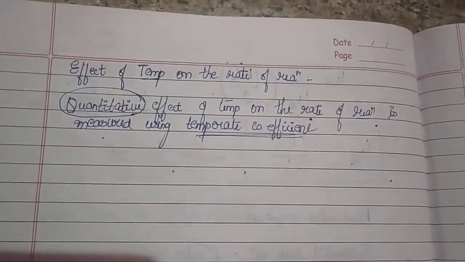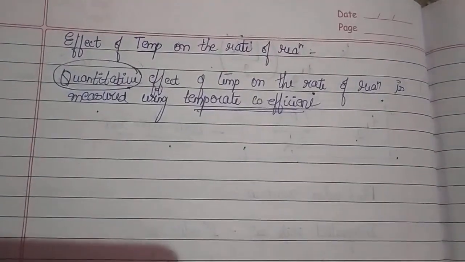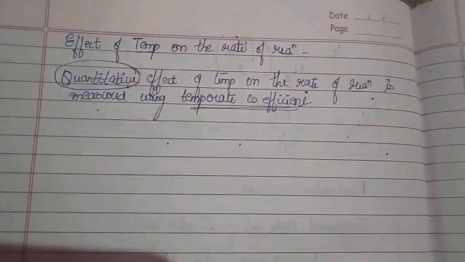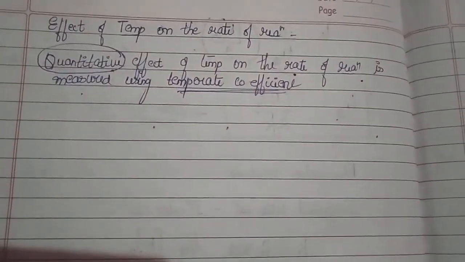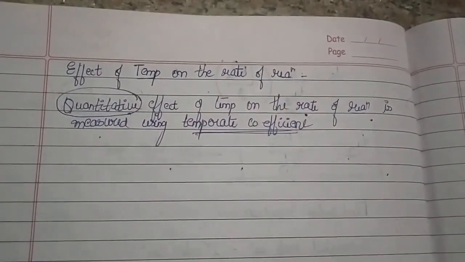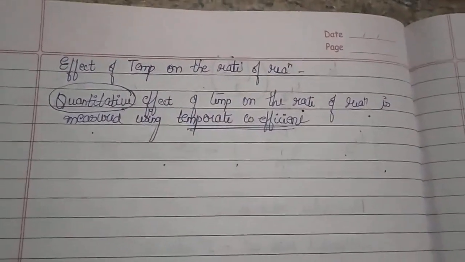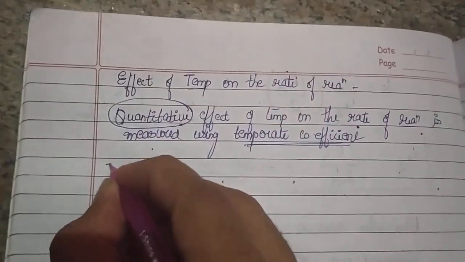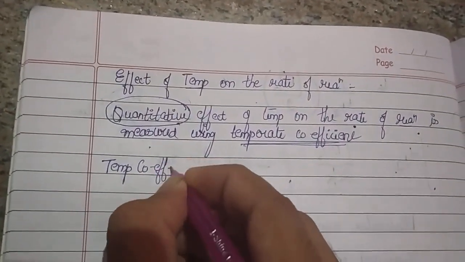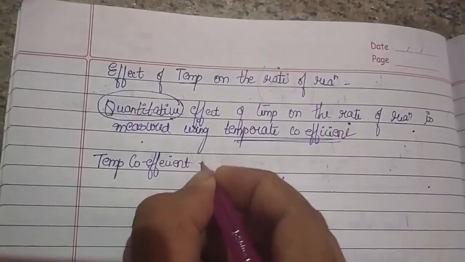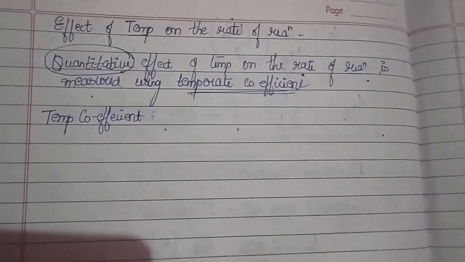Then you can ask me, what is this temperature coefficient? As I said, your temperature has a direct influence on the rate constant. Here also, in the temperature coefficient, we are going to deal with the rate constant. So what does the temperature coefficient say?